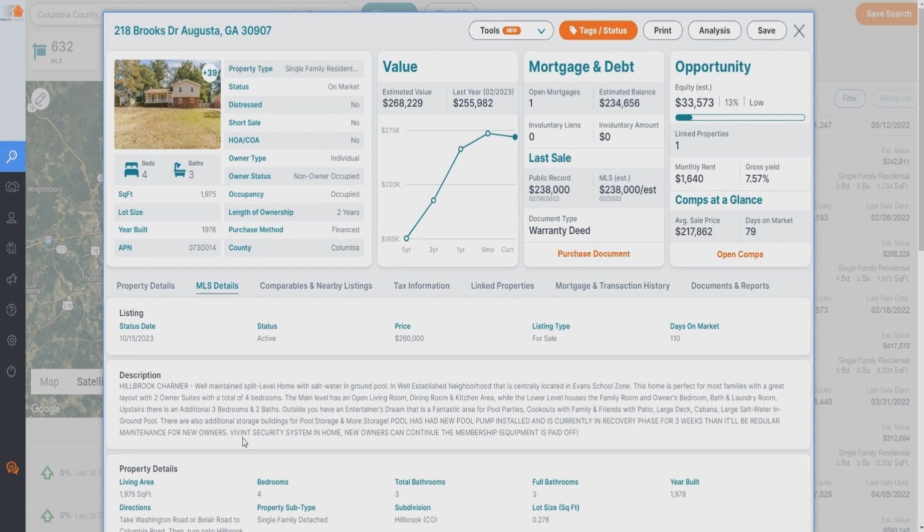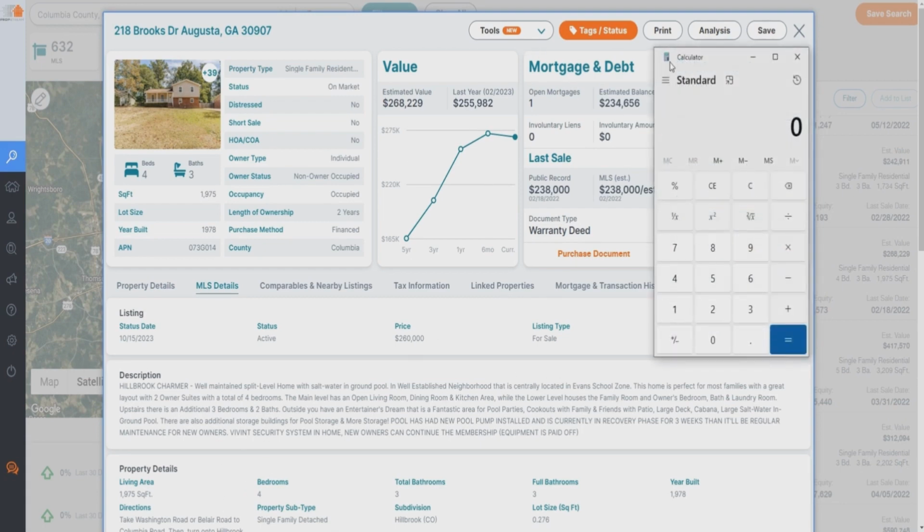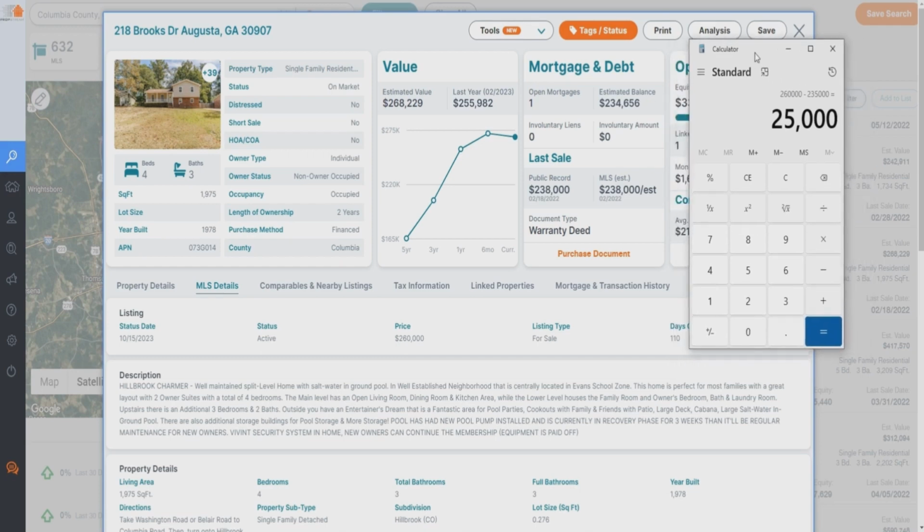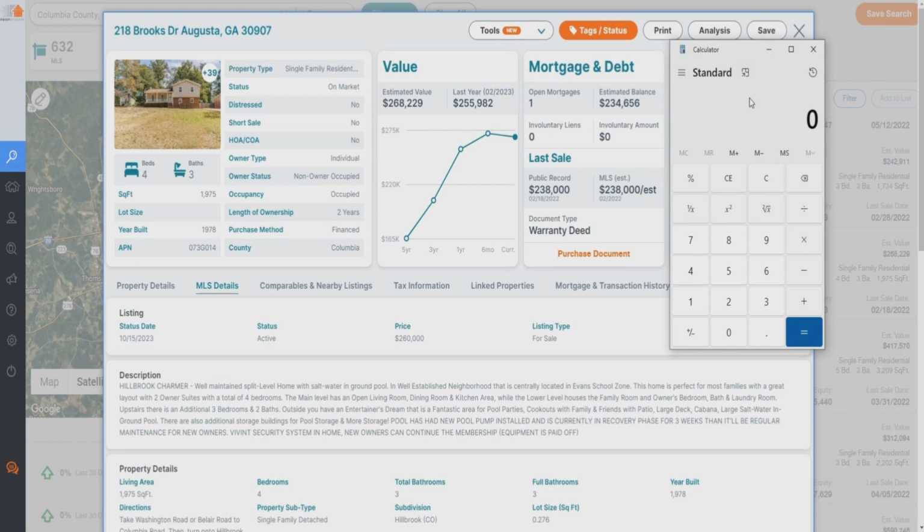Okay. This may work. It's listed right now at $260. Take away $235. That puts us at $25,000. So this would be a perfect subject to deal. So I'm going to do that real quick for you again. It's listed at $260,000.